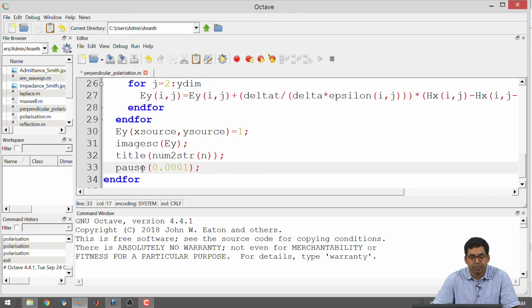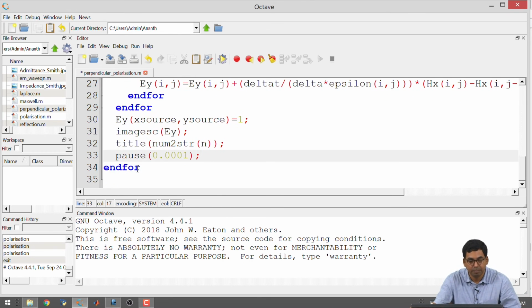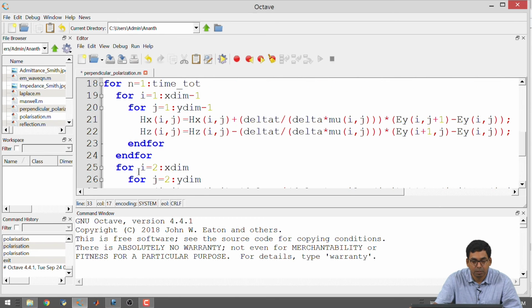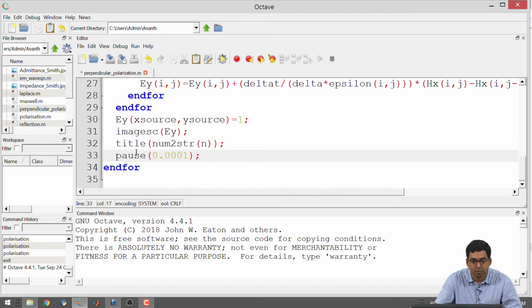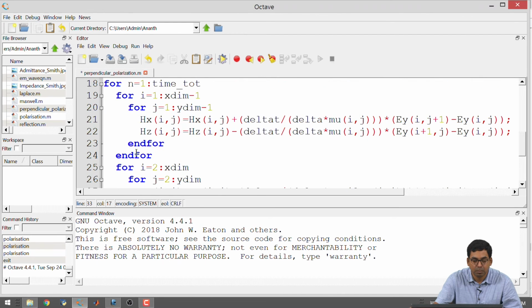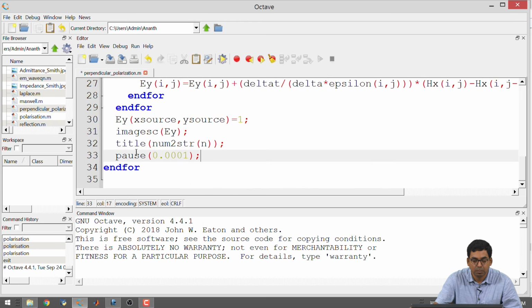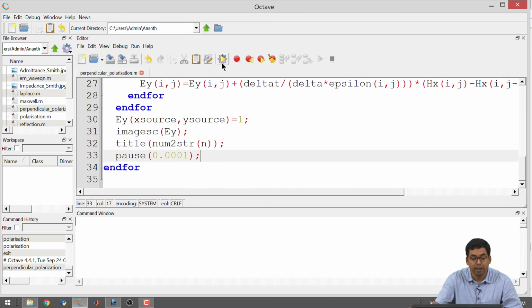Okay. So, almost everything is done in this program, and the only thing that we need to now do is run, right. So, I am going and hitting run, right.